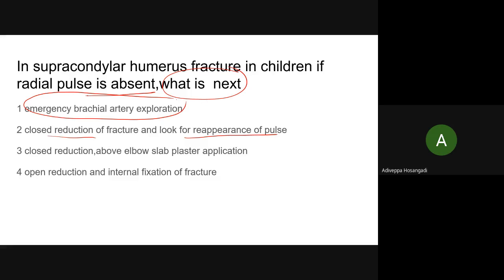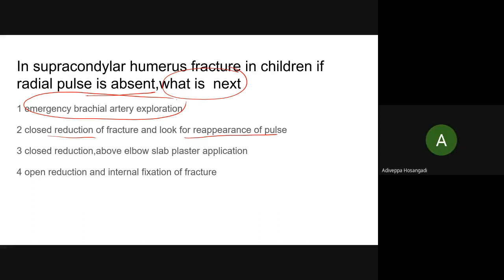Look for the pulse. If it appears, then think of reduction. Whether the reduction is good, just put the plaster, you send. If the reduction is not good, you do open reduction. Understand? Here, the question is not about closed reduction, open reduction. As soon as you see a fracture with absent pulse, reduce the fracture. If the fragment was pressing on the artery, you wait for the reappearance.